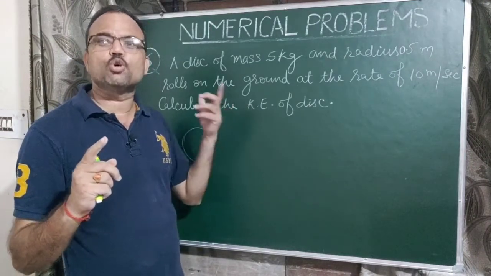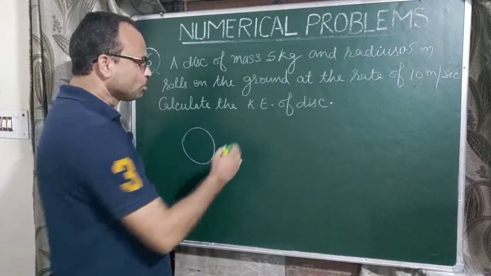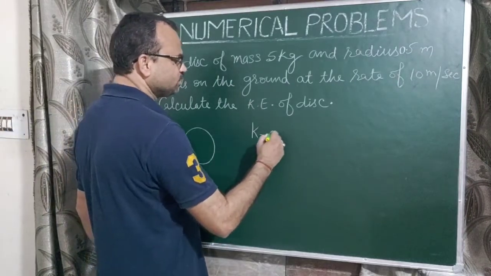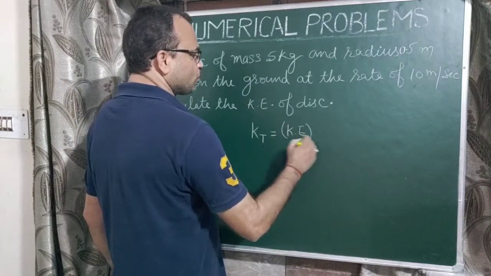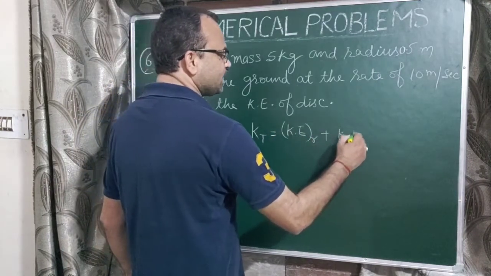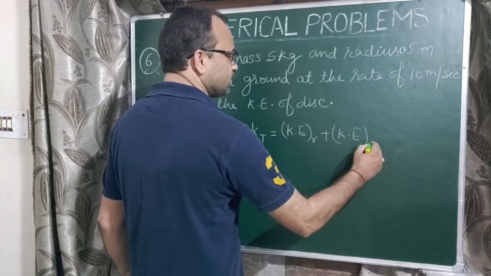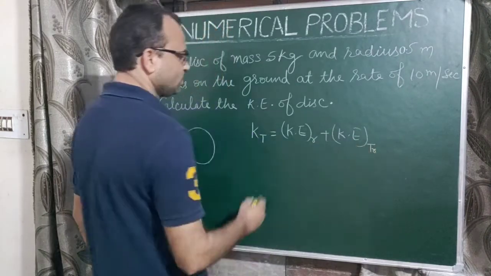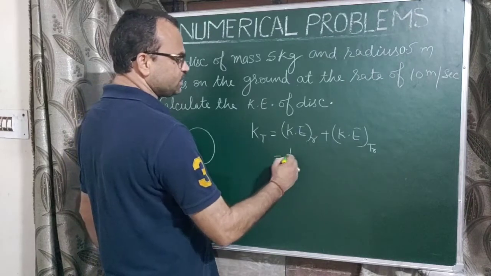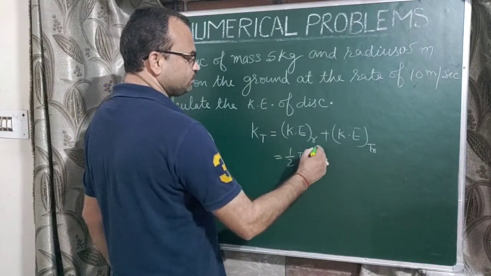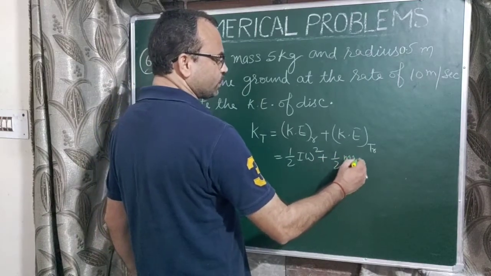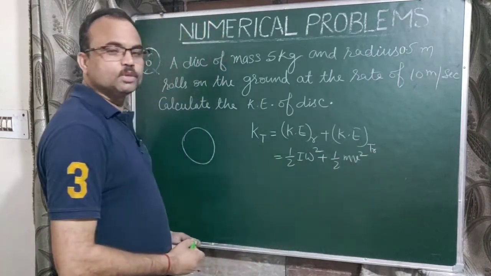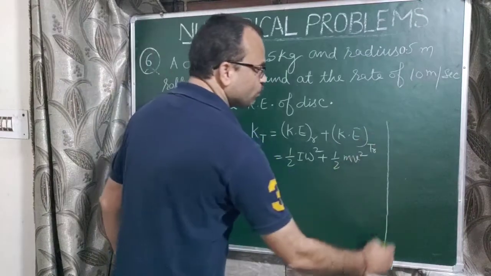Kinetic energy means total kinetic energy, which is kinetic energy rotational plus kinetic energy translational. Okay. So rotational kinetic energy is 1/2 I omega square and translational kinetic energy is 1/2 mv square. Okay. So now note the given values.